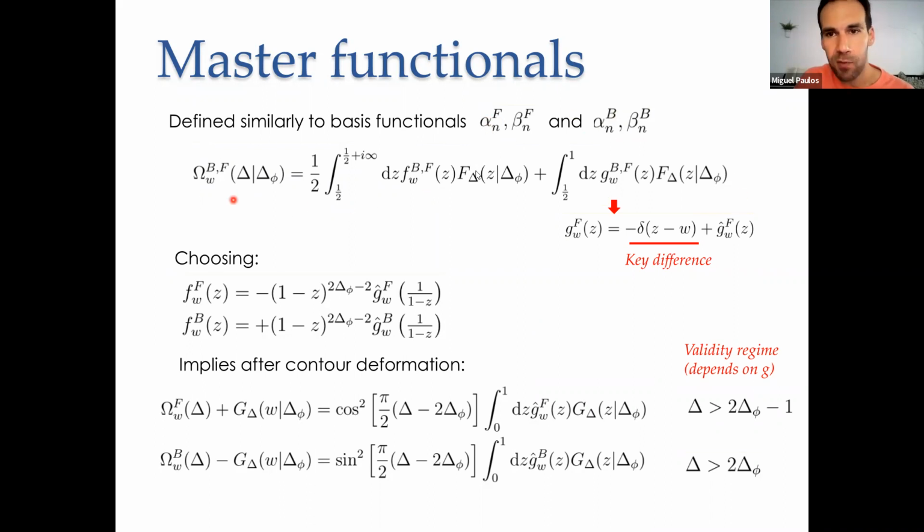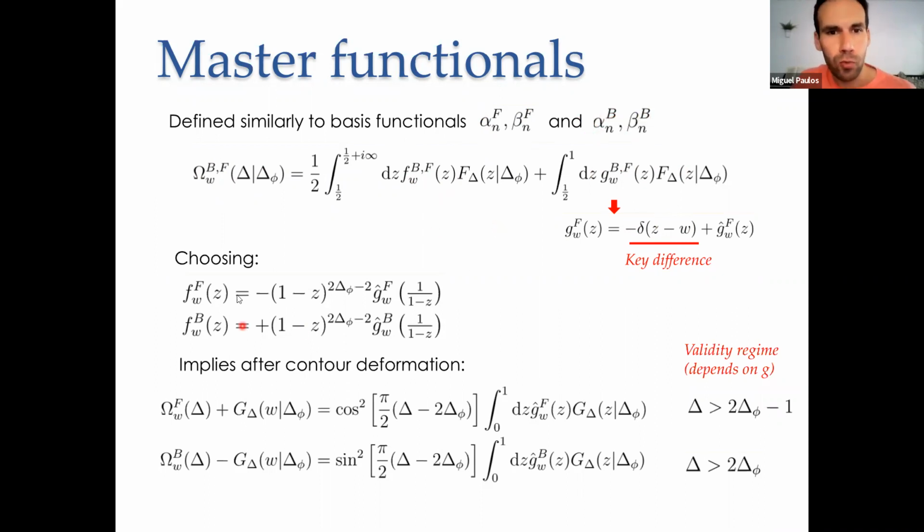There are two kernels, G and F, and the action of the functional on the crossing vector is defined by these integrals. All of these functionals, alpha and beta, take this form for specific choices of G and F. The distinction in this case is that this G will usually contain a delta function that is not present in these cases.